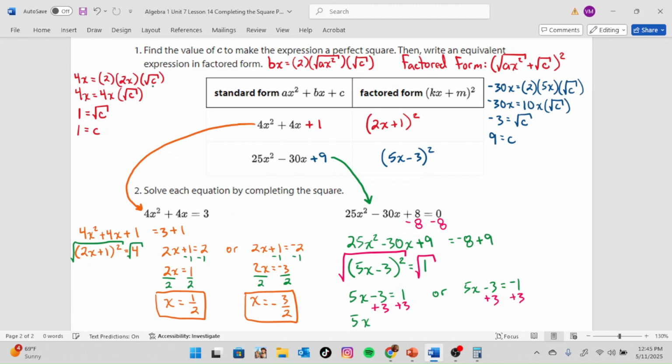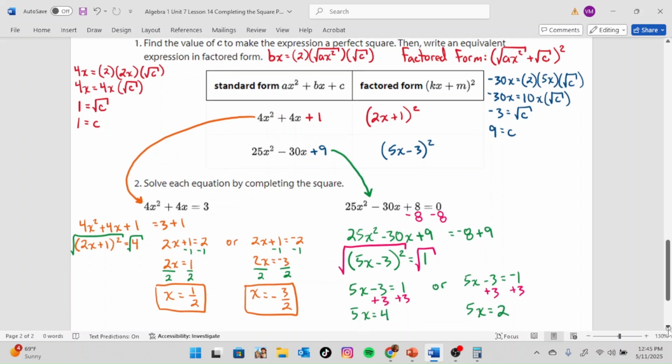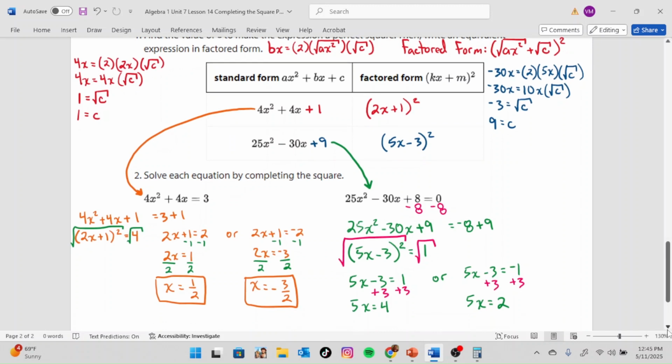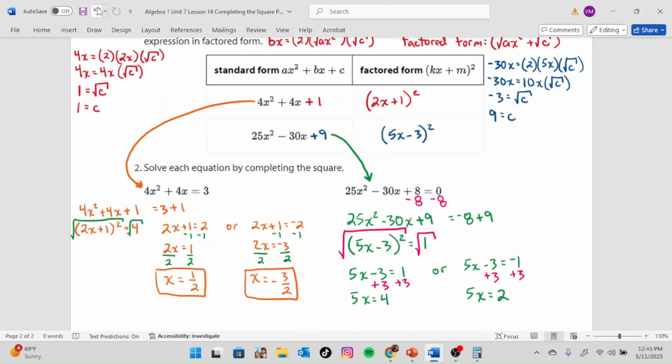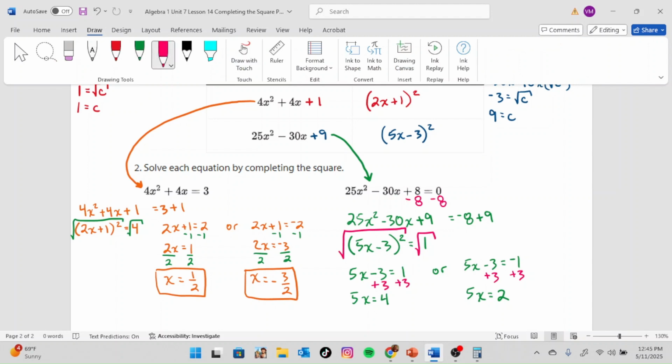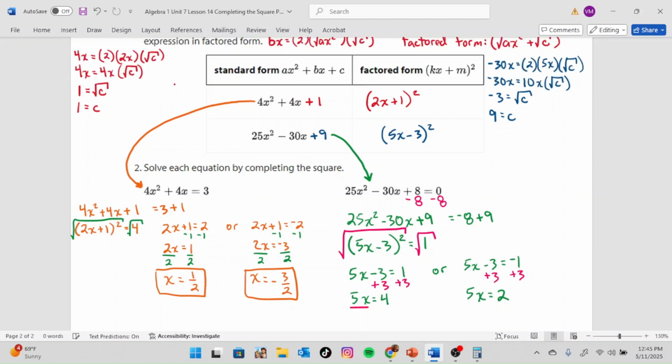That means 5x equals 1 plus 3, which is 4, or 5x equals negative 1 plus 3, which is 2. Then we divide both sides of both equations by 5.